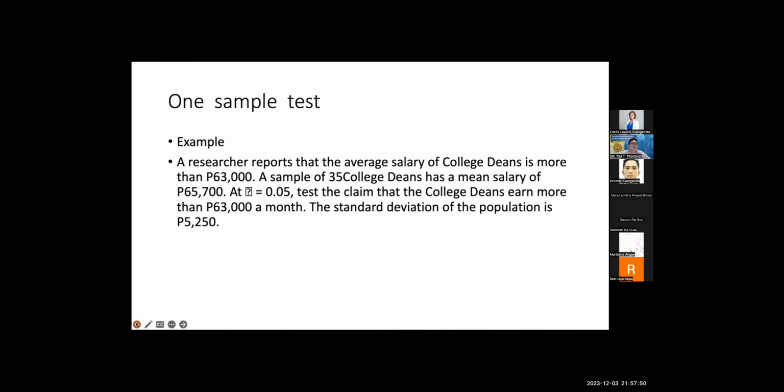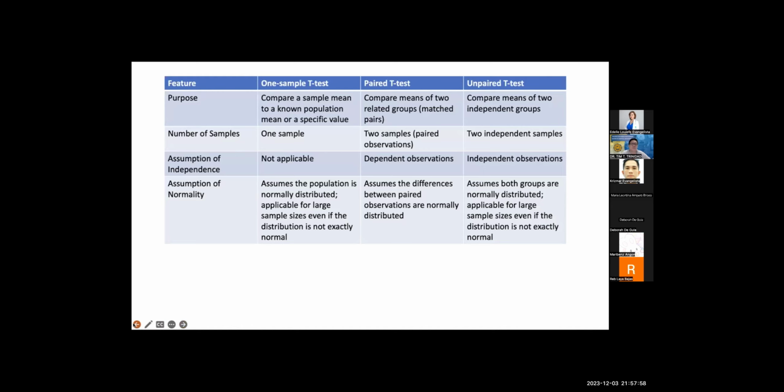So again, just a summary, yung one sample t-test, we have one group only and we test it with a set mean. Yung unpaired naman, group 1 versus group 2.